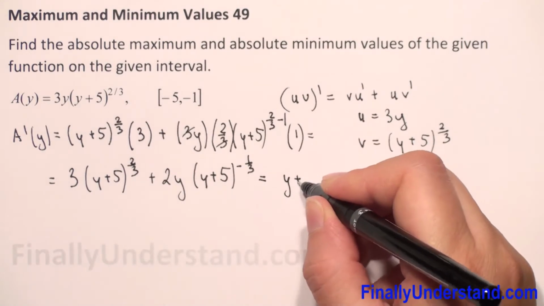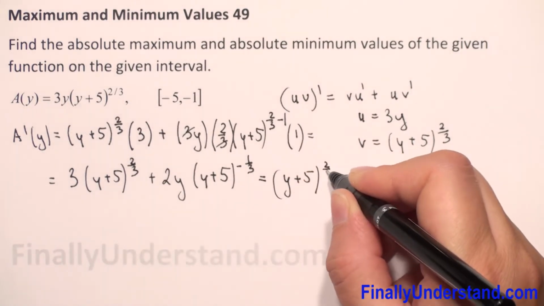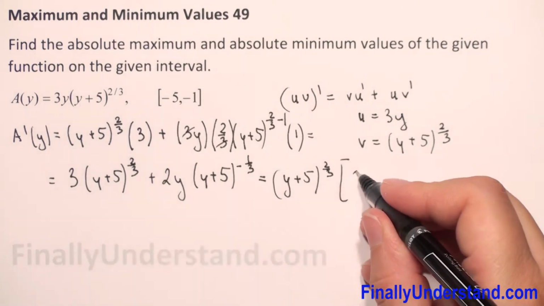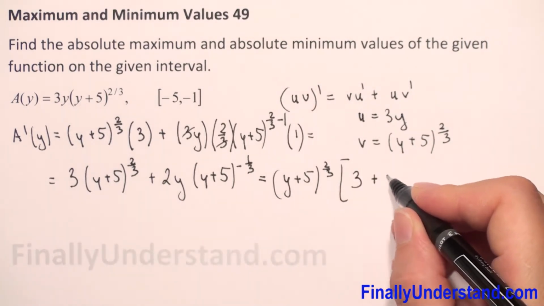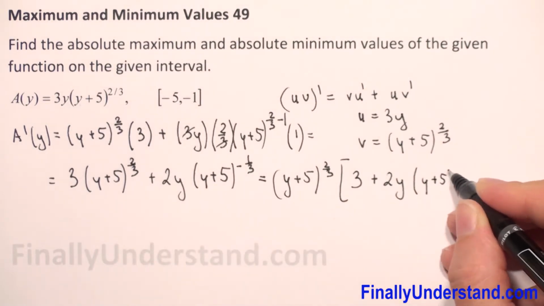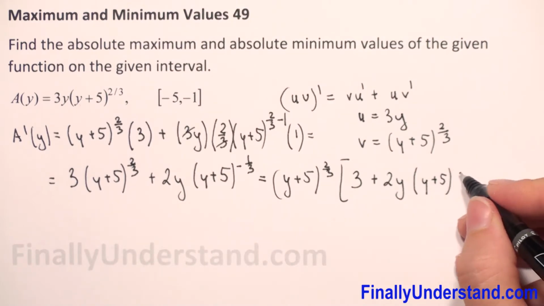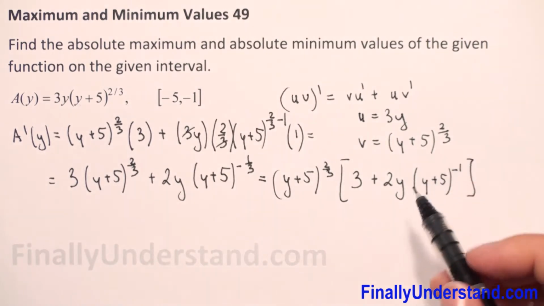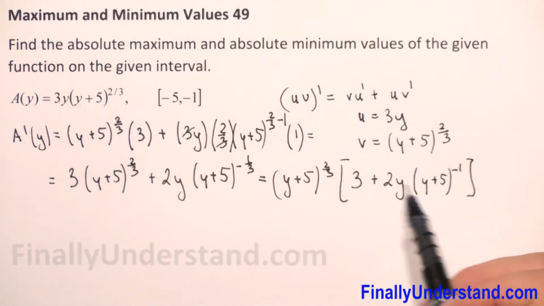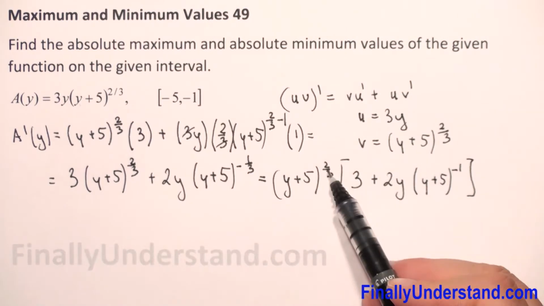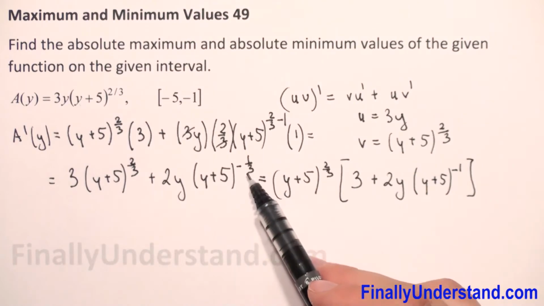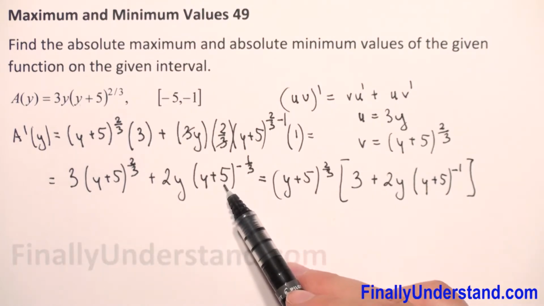So let me copy this, and in parentheses we will have, in first expression we have only 3, plus 2y times (y plus 5) to power negative 1. Why? Because when we multiply expressions with the same base, we just add exponents. 2 over 3 plus negative 1 is negative 1/3. It's the same as what we have at the beginning.